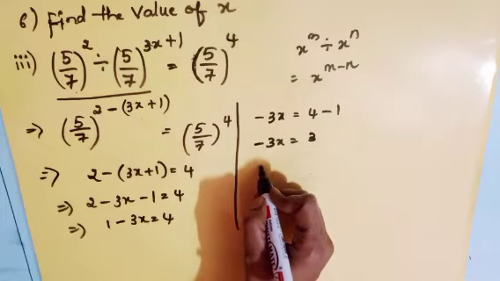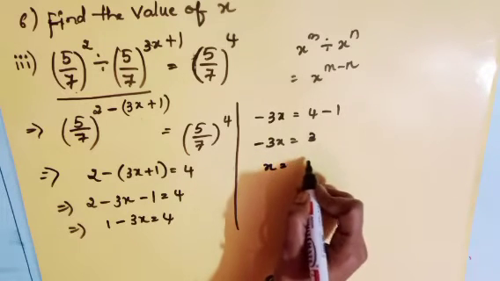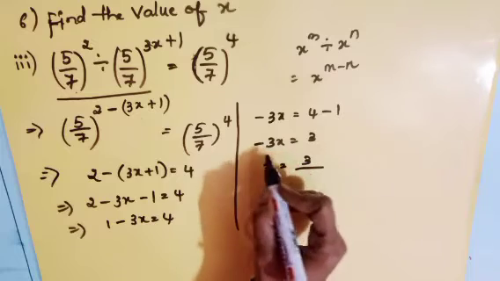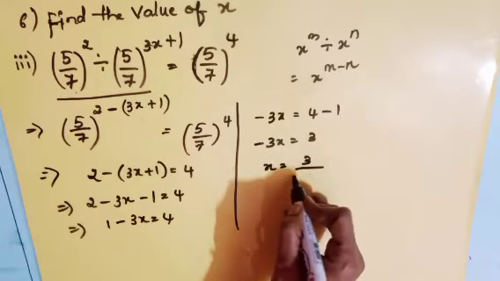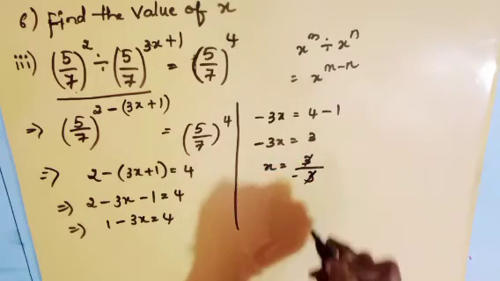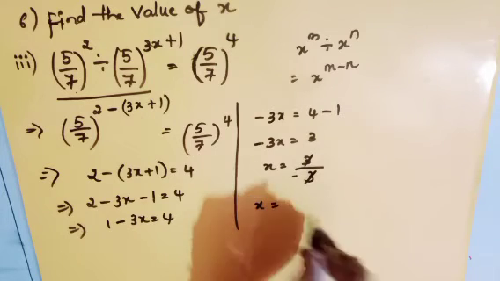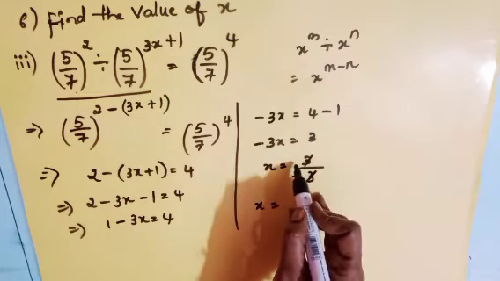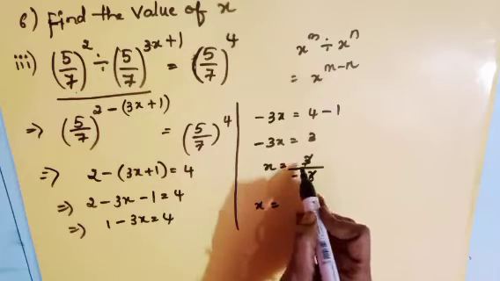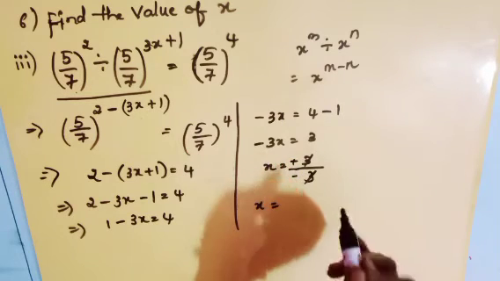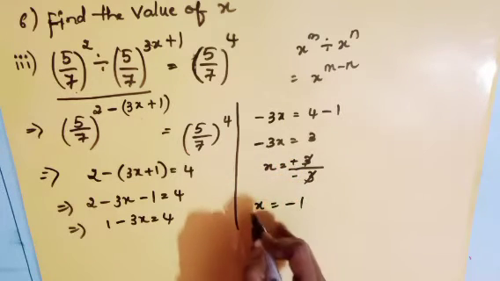Therefore x equals 3 divided by minus 3, the 3s get cancelled. Plus divided by minus is minus, so minus 1. Therefore, the value of x is minus 1.